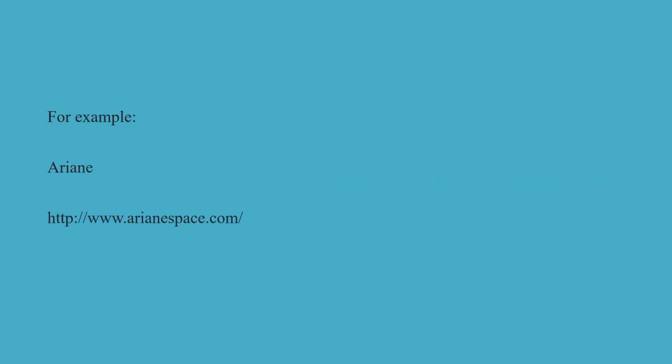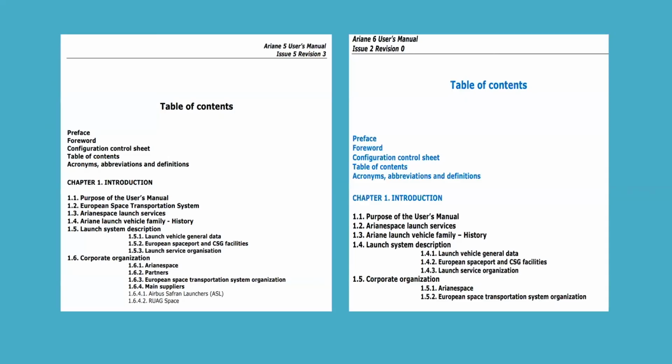For example, one very basic example is the user menu for the Ariane rocket series. For example, Ariane 5 and Ariane 6, after comparison, we can see the table of contents. The first page of the table of contents of the two versions are almost the same. So we only need to translate a small part of the items in this part.